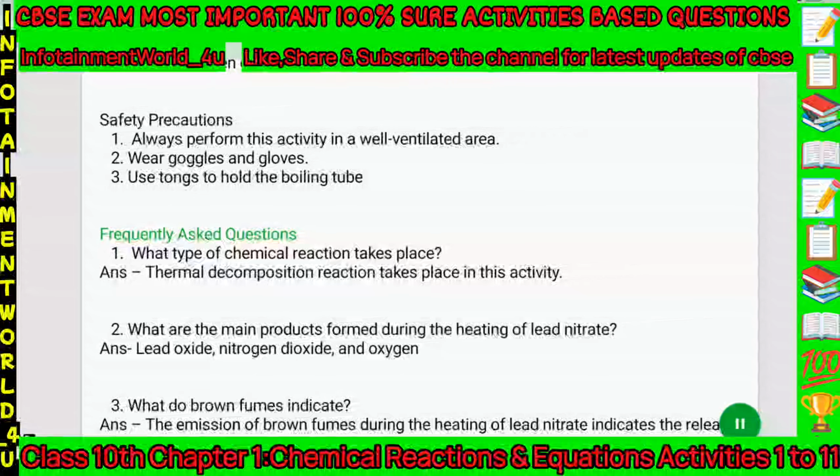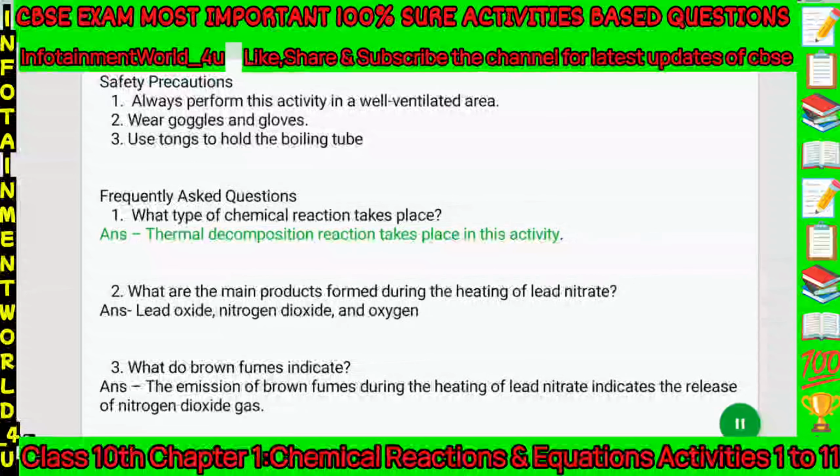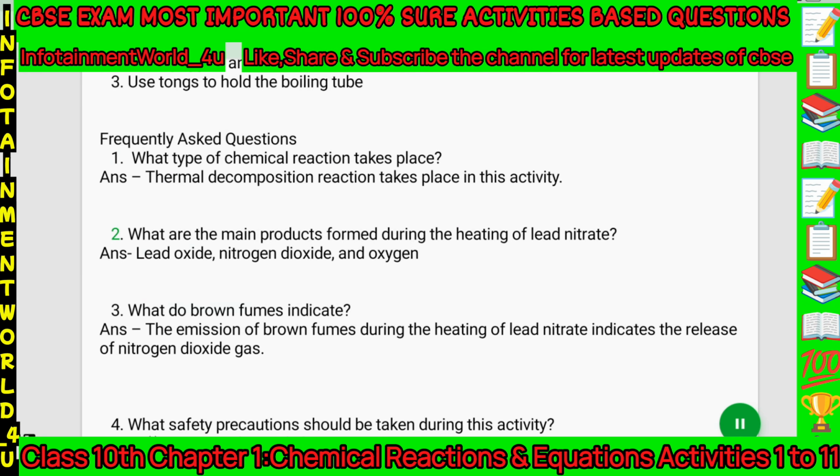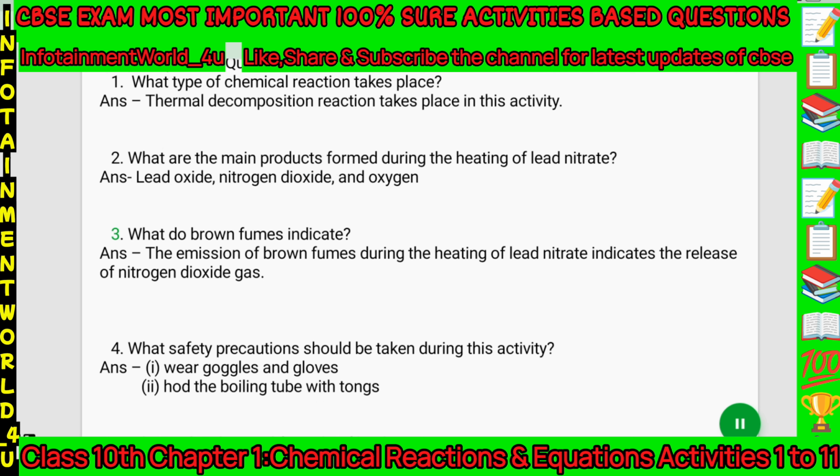Frequently asked questions. 1. What type of chemical reaction takes place? Ans. Thermal decomposition reaction takes place in this activity. 2. What are the main products formed during the heating of lead nitrate? Ans. Lead oxide, nitrogen dioxide, and oxygen. 3. What do brown fumes indicate? Ans.